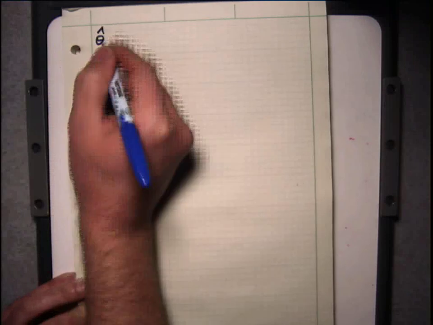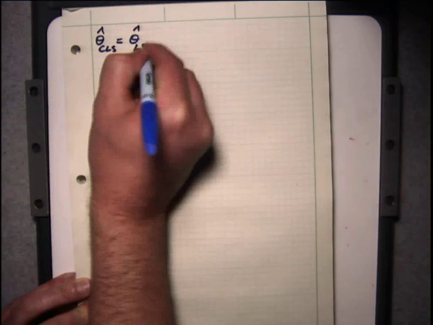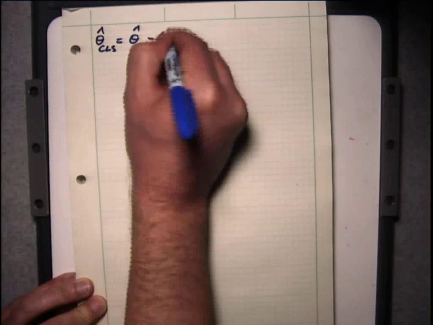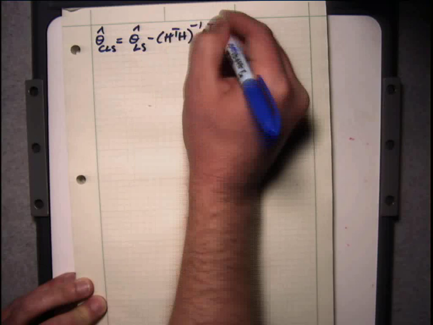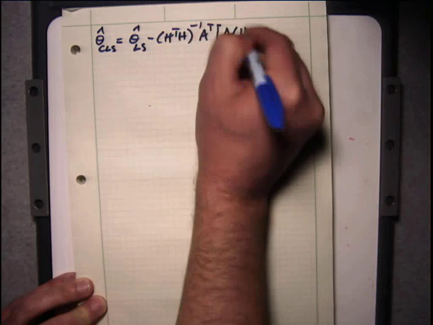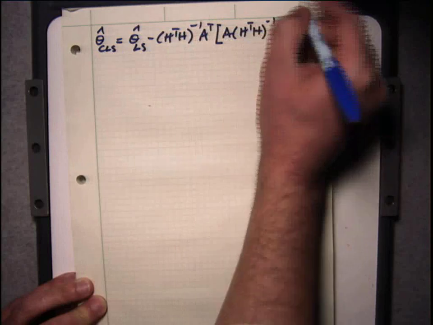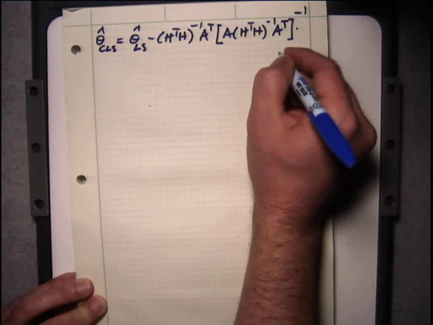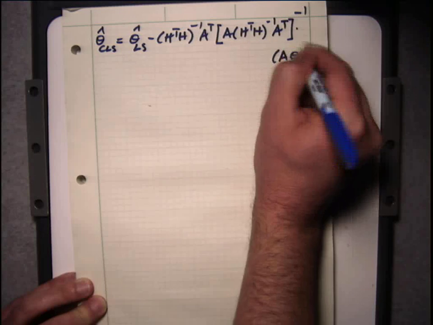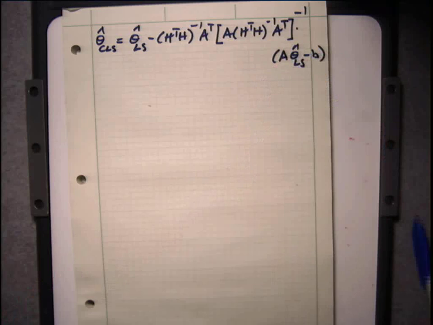Theta hat constrained least squares is theta hat least squares minus (H transpose H) inverse A transpose [A (H transpose H) inverse A transpose] inverse, and then this thing times (A theta hat least squares minus B). Okay, so this is the whole expression.